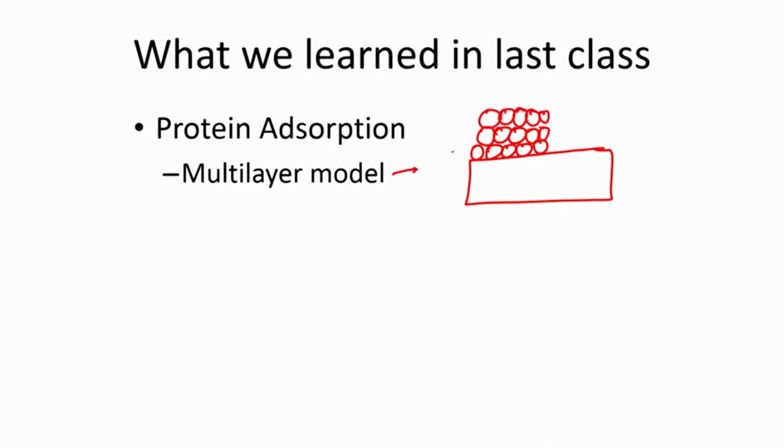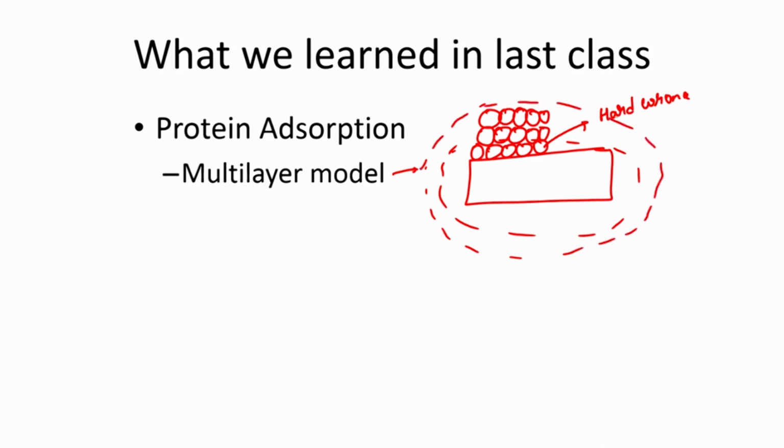Then we said that at some point there will be a hard corona, which is fairly stable and does not change a whole lot, and then the outer layer was defined as the soft corona. This is also protein getting adsorbed by some affinity, but it has very low affinity. So these proteins can go in and out, whereas the hard corona is fairly stable.